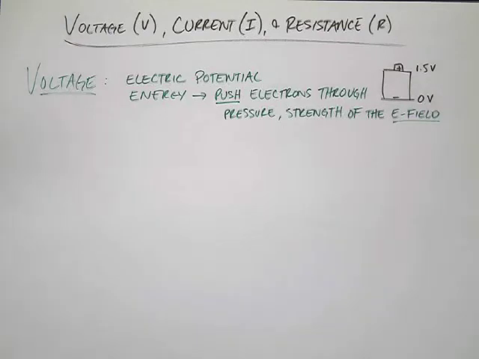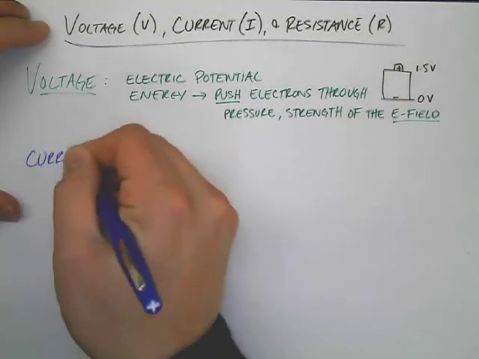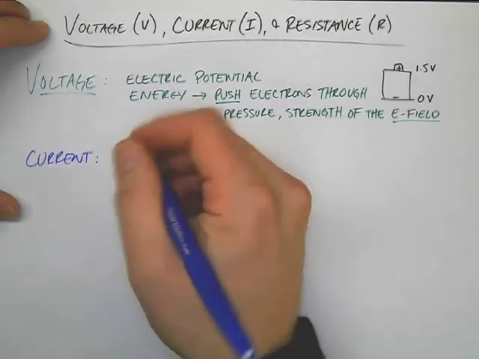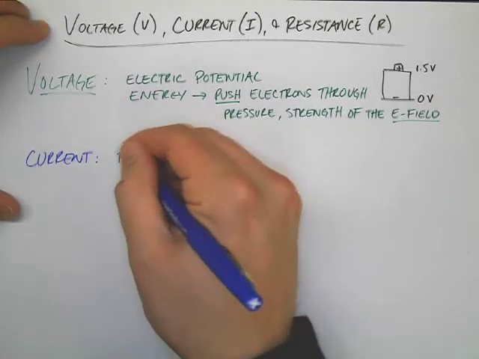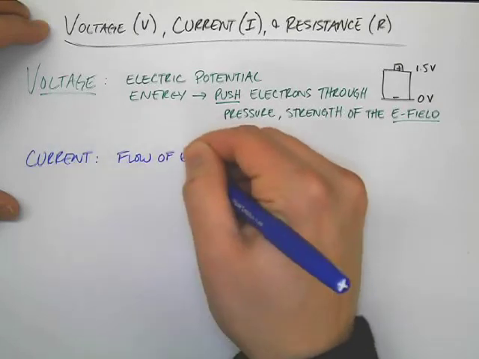And that electric field, when connected, allows electrons to flow from one side to the next. Which gets us to our second major idea here, which is current. Now, current is mostly defined as the flow of electricity.